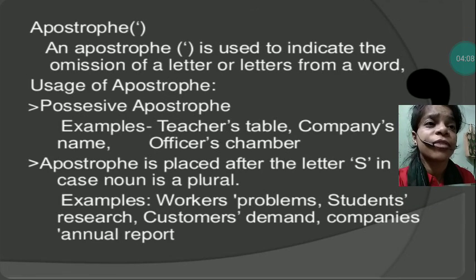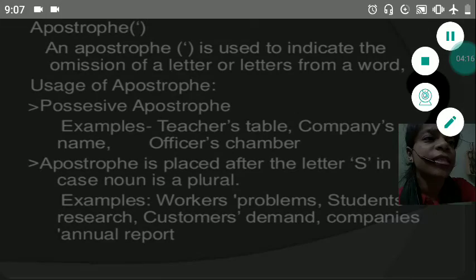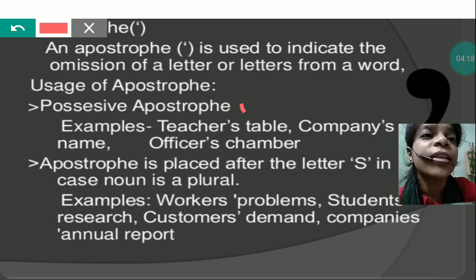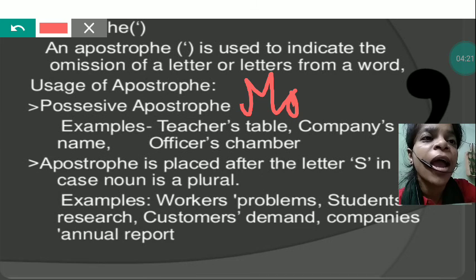Next one is the apostrophe. We use an apostrophe to indicate the omission of a letter or letters from a word. For example, we write ma'am. Everyone write ma'am like this.